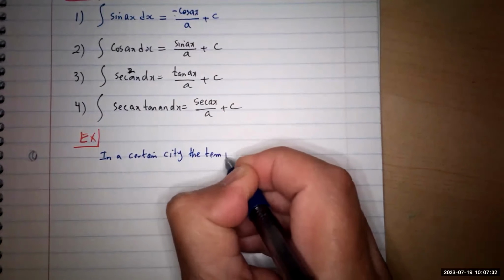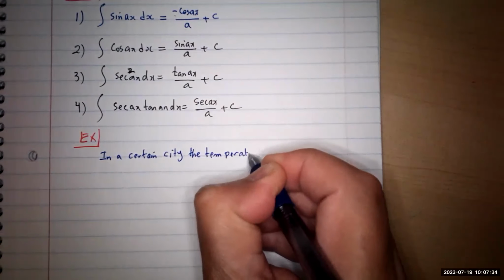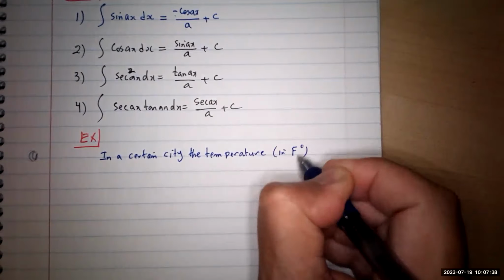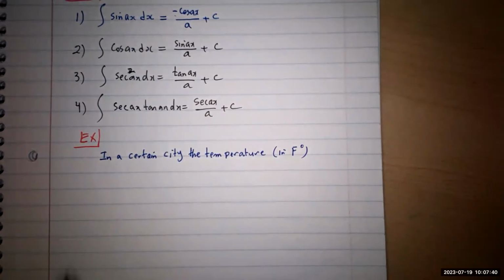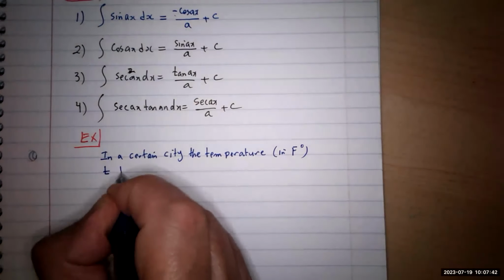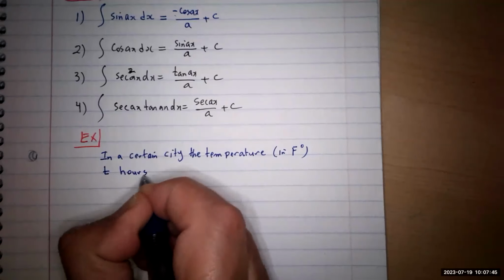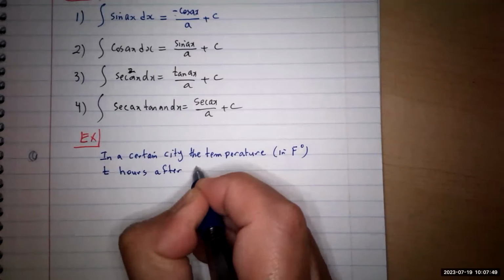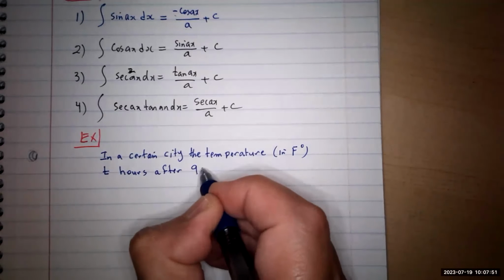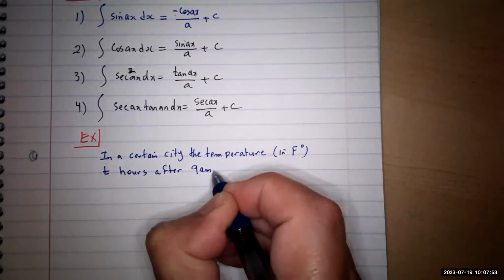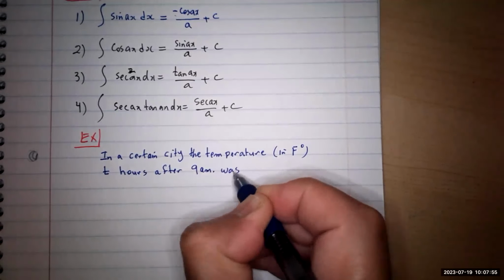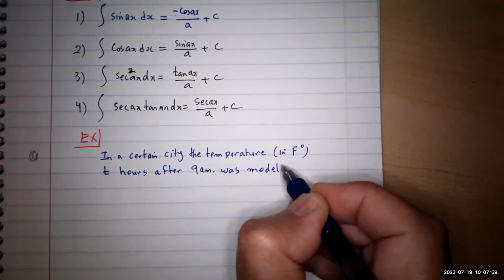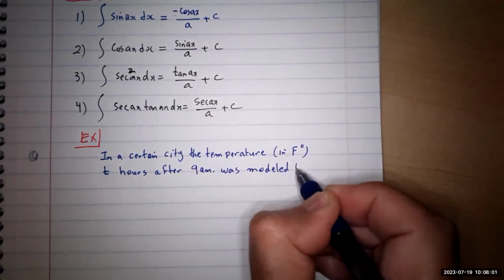Okay, that's it. California in general. The temperature in degrees Fahrenheit, t hours after 9 a.m., was modeled by this function.